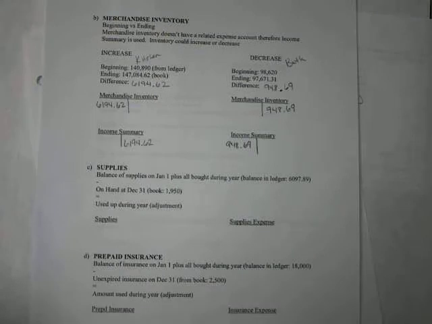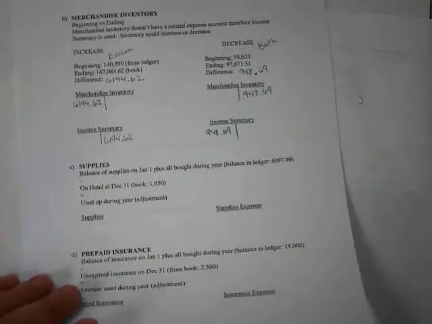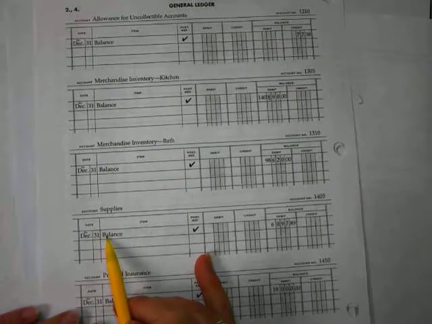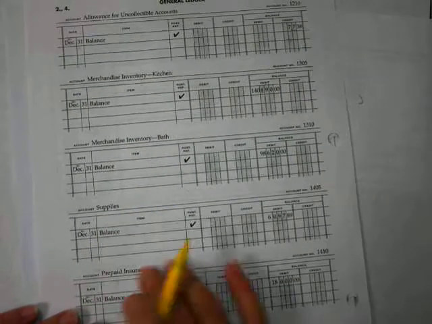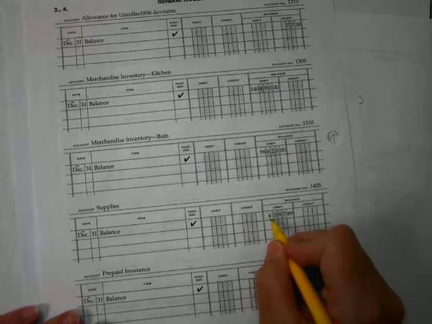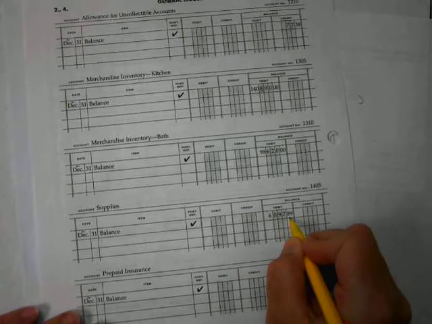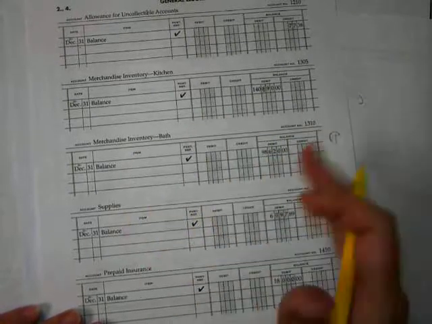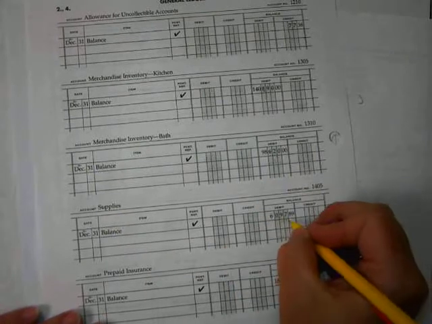So, let's see. Again, going to our ledger, our ending balance 6097.89. So we may have put all the supplies in that we needed to.